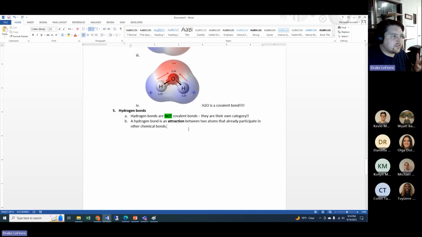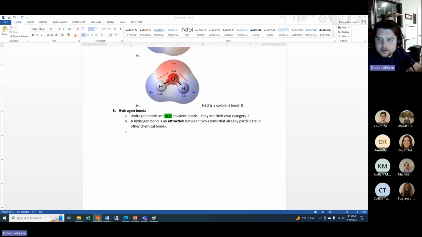You have a bunch of different H2O molecules that are already bound, oxygen and hydrogen are already bound. But because they have that polarity to them, they are able to have a secondary bond.